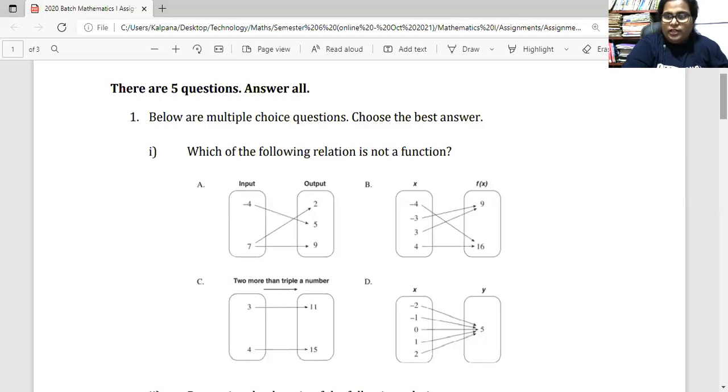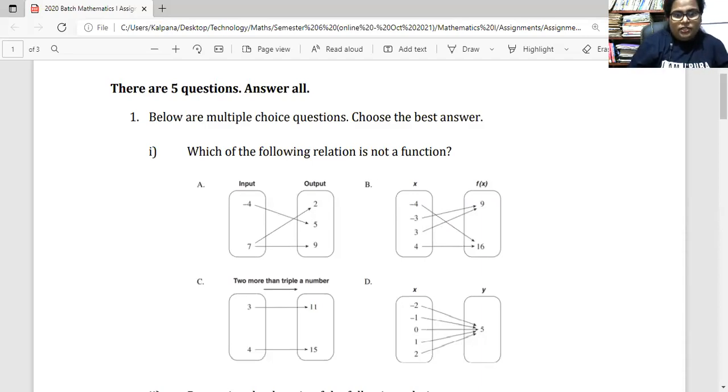Right, so you know that there are 4 types of relations: one-to-one, one-to-many, many-to-one, and many-to-many relation. Among them, one-to-one and many-to-one relations become functions, and many-to-many and one-to-many relations are not functions, right?